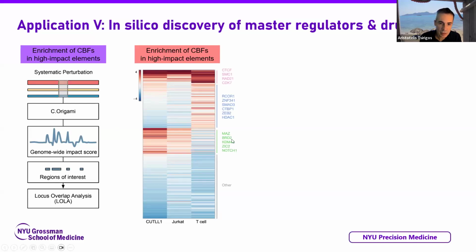So you can get now this heat map where different factors cluster together, and they can be leukemia specific, or they can be T cell specific, or they can be universal. And again, we were happy to see that these universal factors point to CTCF and cohesin. This is something known, and it's a good validation for this workflow and platform.